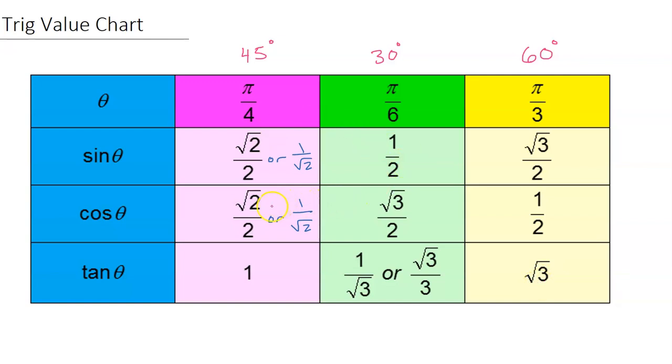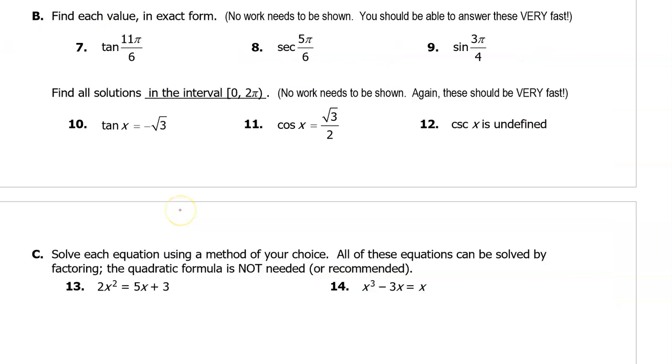So if you have not memorized all of these values, you need to pause the screen right now and memorize it immediately. I'm going to run through these values sort of slowly because I have to explain to you my thought process, but you should be able to do this all in your head very quickly.